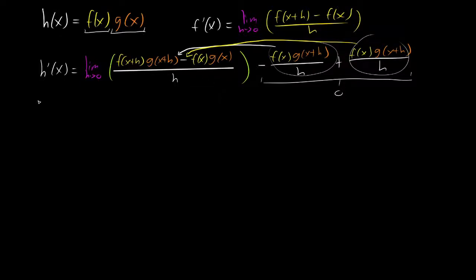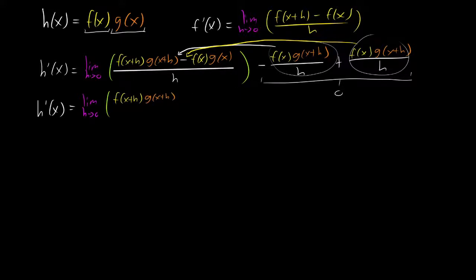So let's write our new expression. h prime of x is equal to the limit as h approaches 0 of f of x plus h times g of x plus h.